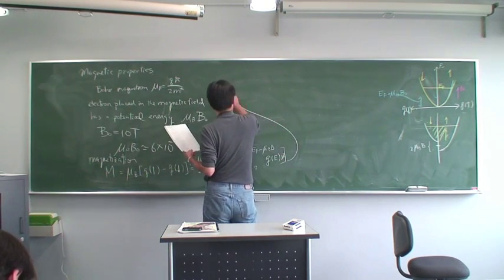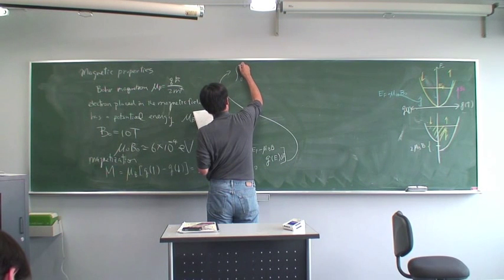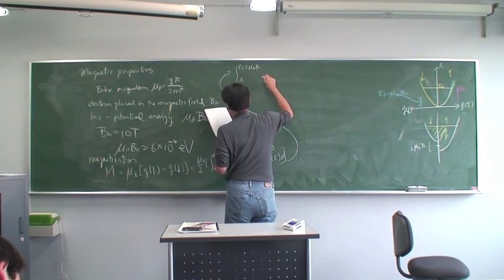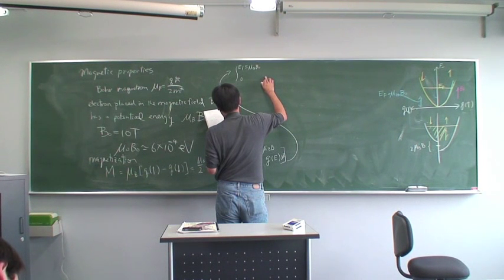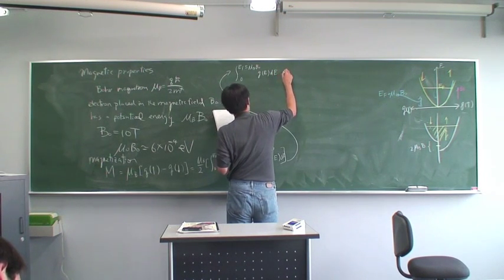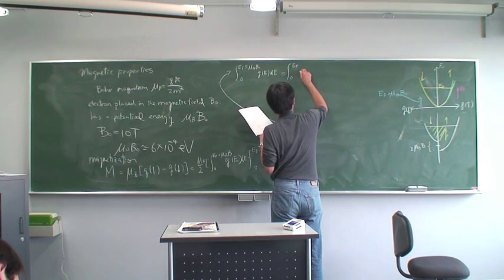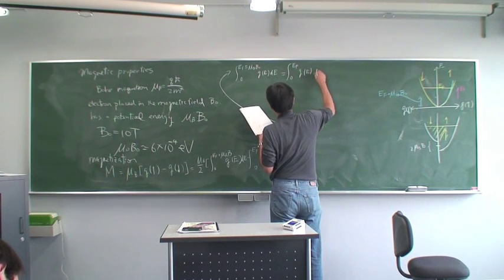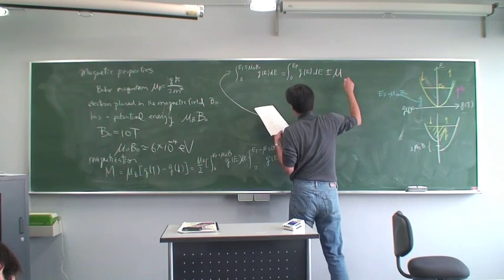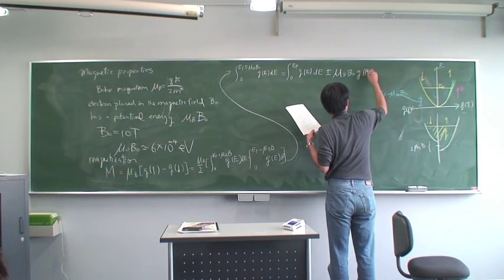So this equation becomes 0 to EF plus minus mu B V naught, g(E) dE, is approximately 0 to EF, g(E) dE plus minus mu B V naught g(EF).